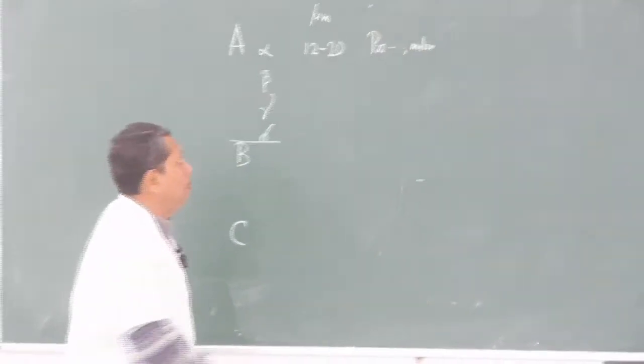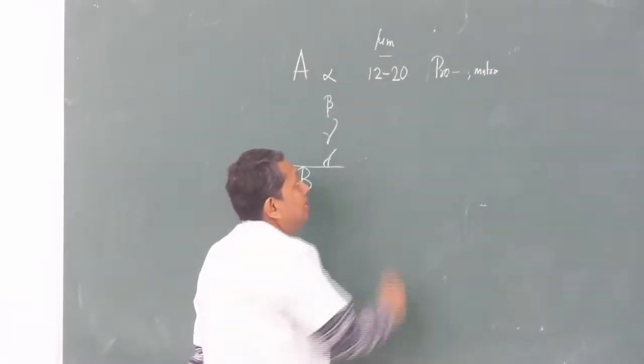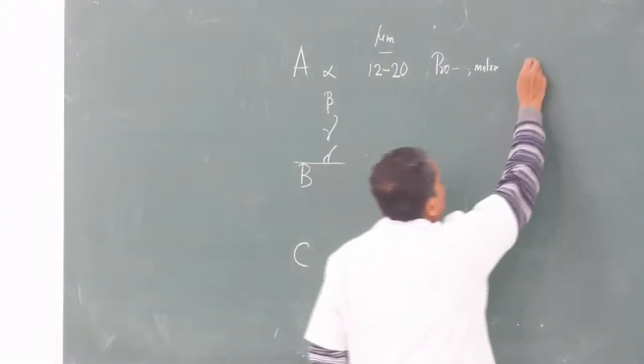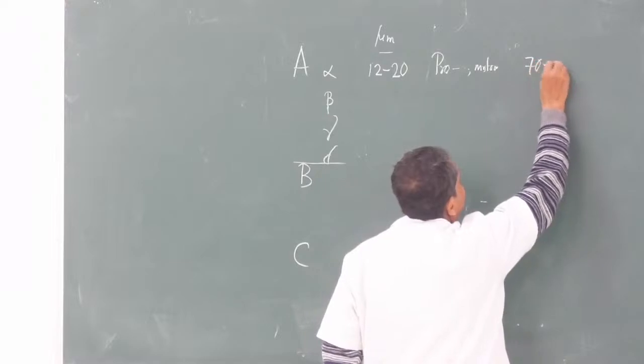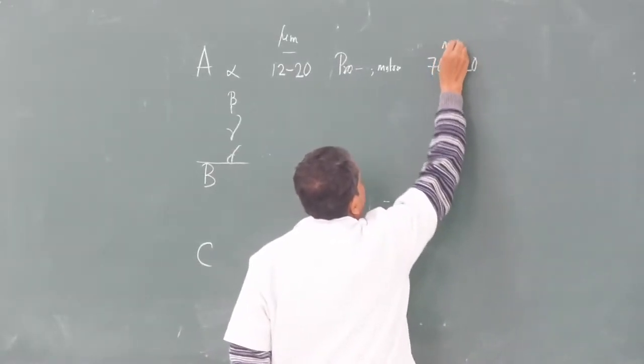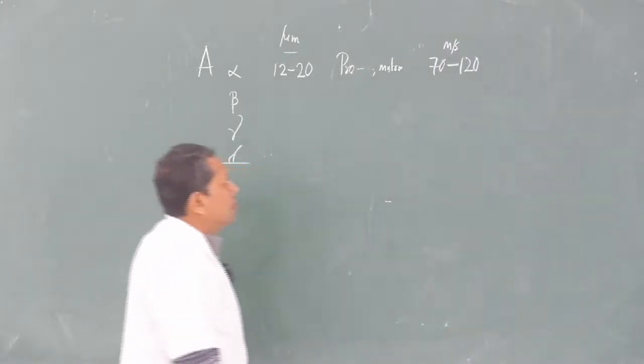Understanding the diameter, they are thickly myelinated. And the conduction velocity is roughly 70 to 120 meters per second.